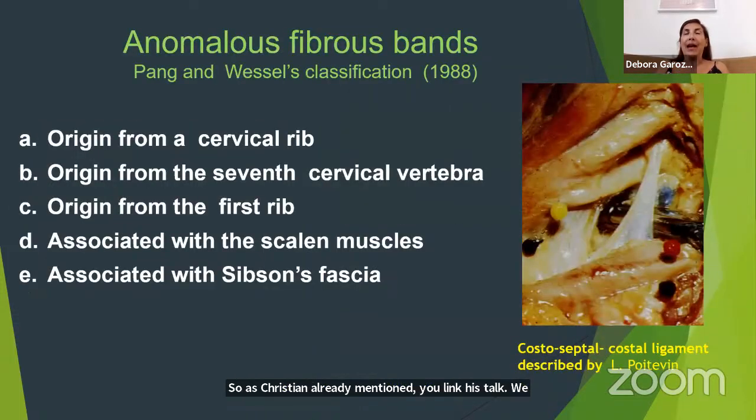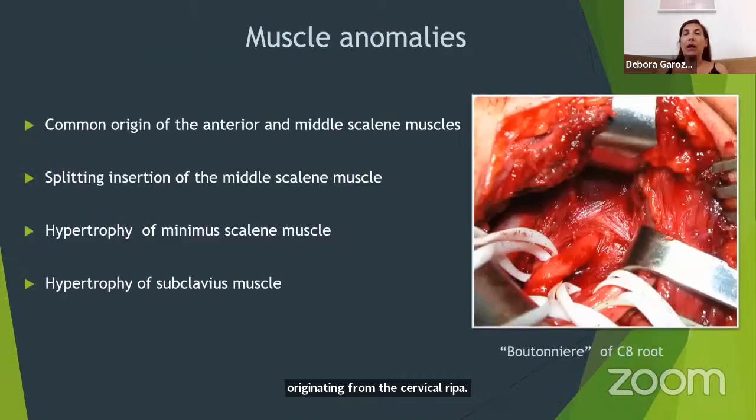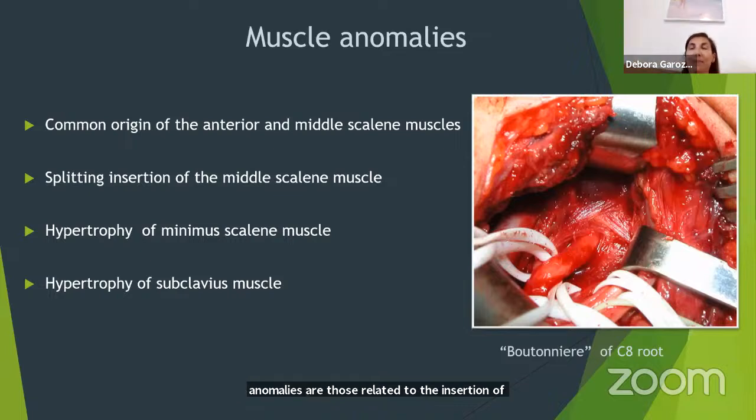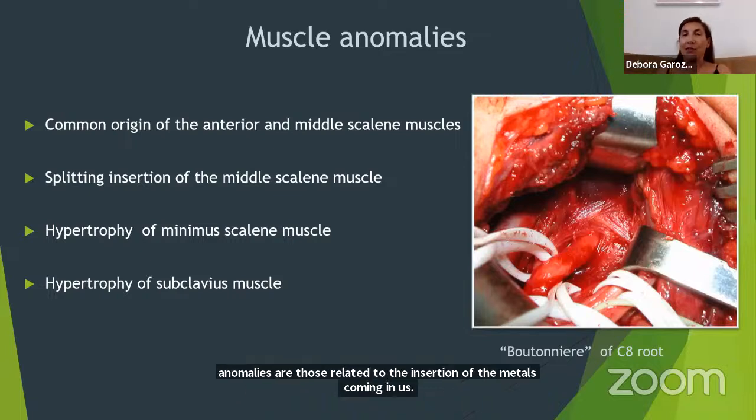We may also have anomalous fibrous bands, mainly originating from the cervical rib, and we can also have muscle anomalies. In particular, I have to say, probably the most significant muscle anomalies are those related to the insertion of the middle scalene muscle, especially when there is also the presence of a bone anomaly.